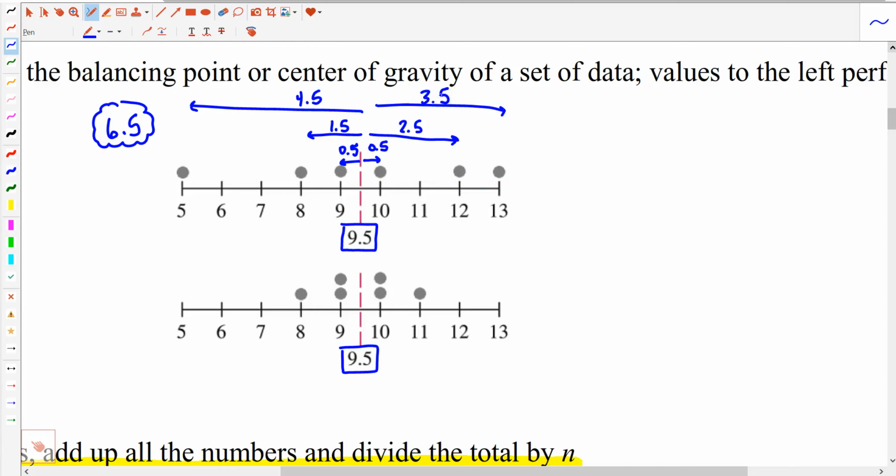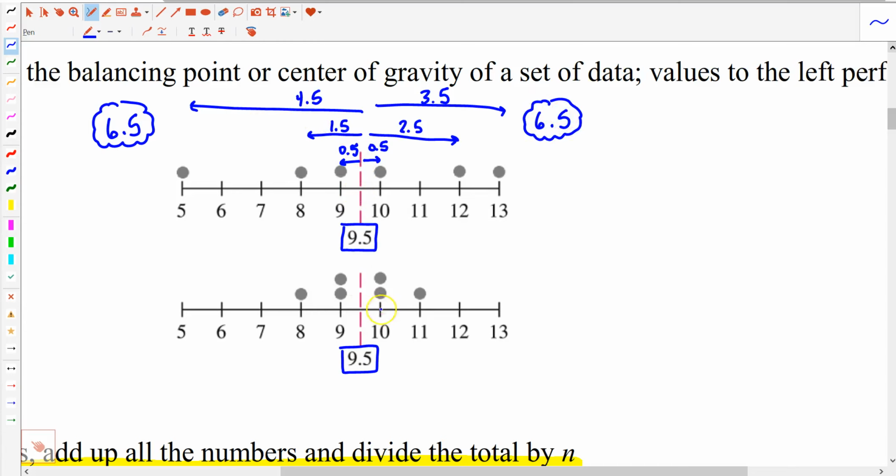So overall I have 6.5 cumulative pull to the right. And that's exactly what the mean is supposed to do. It is supposed to be the value such that the pull of the data values to the left of the mean is perfectly offset by the pull to the right.